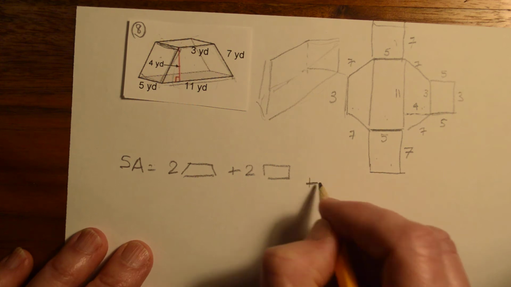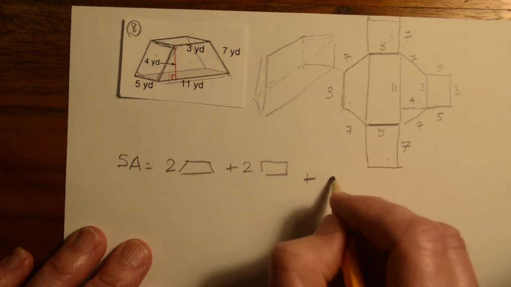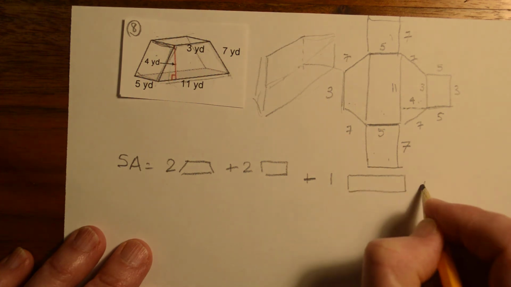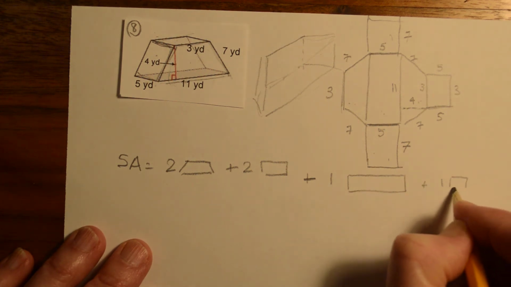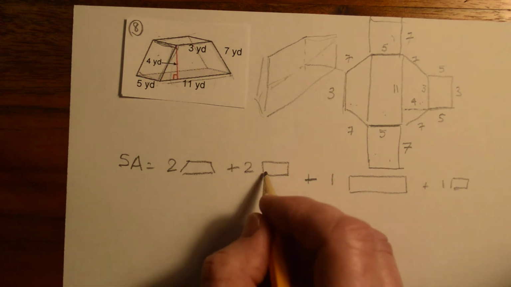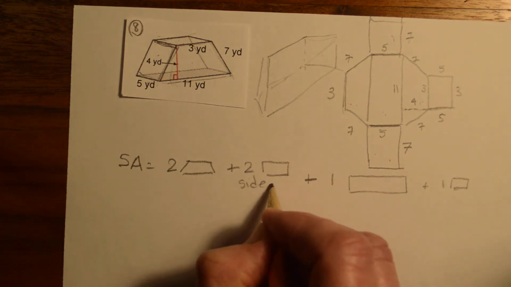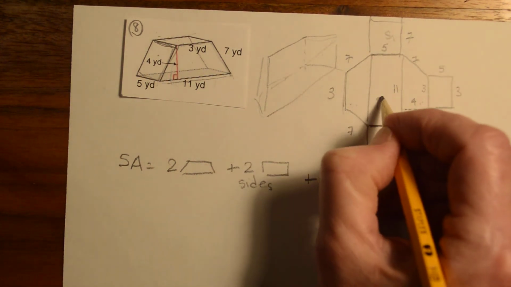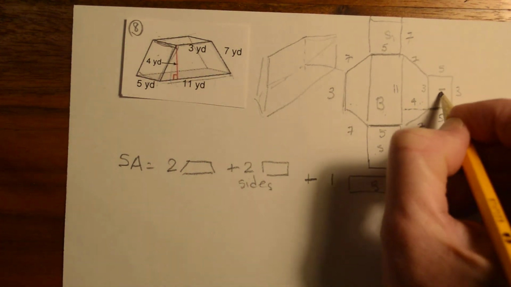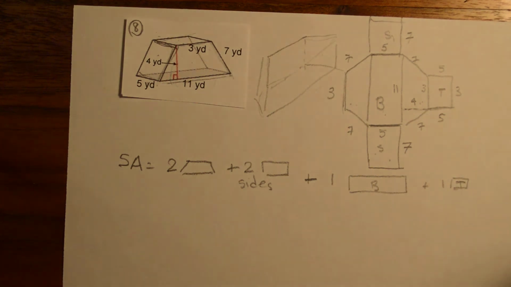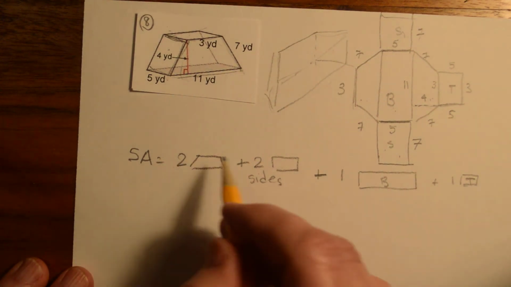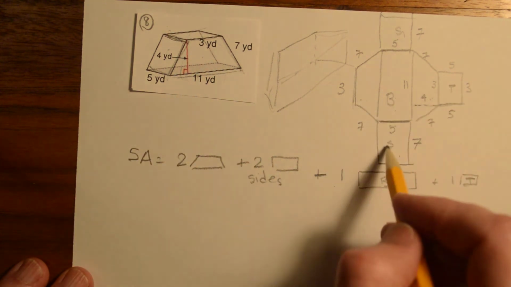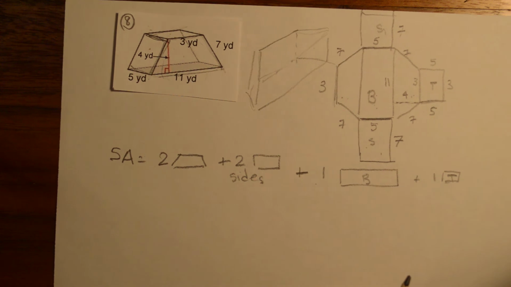Sorry, I did not plan this out properly. 1 long rectangular base and 1 very short top of it. So 2 identical sides, if we want to think about that. This is a side and this is a side. This is the bottom. So let's put that there. This is the top right here. All right, so 1, 2, 3, 4, 5, 6. And if we count the sides, we have 1, 2, 3, 4, 5, 6. All right, so they're all accounted for.